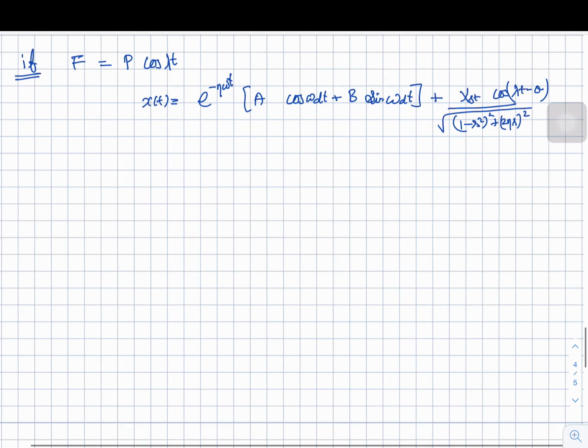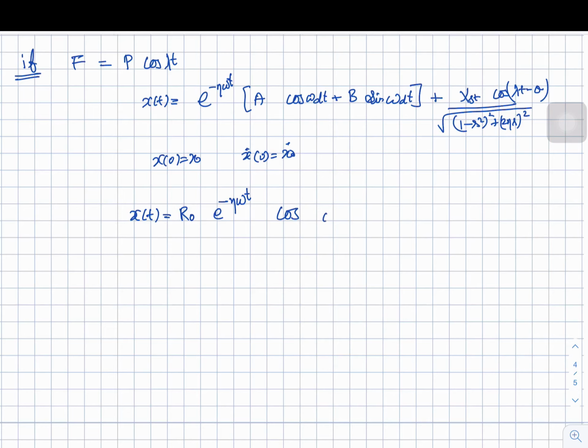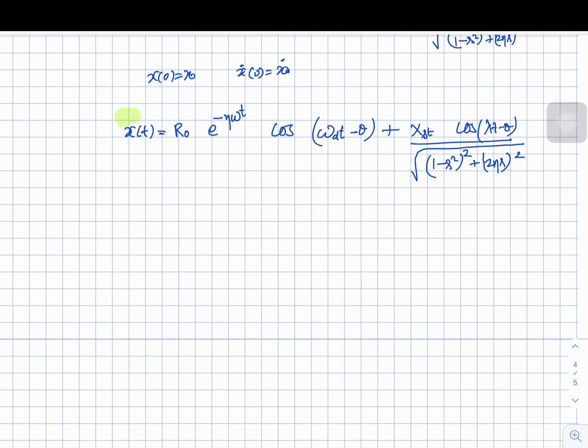So now if we substitute our boundary condition, we will get, yeah, this is the solution of forced vibration.